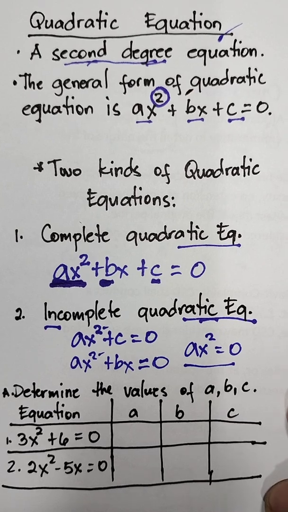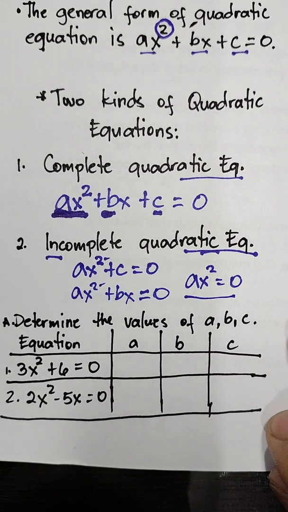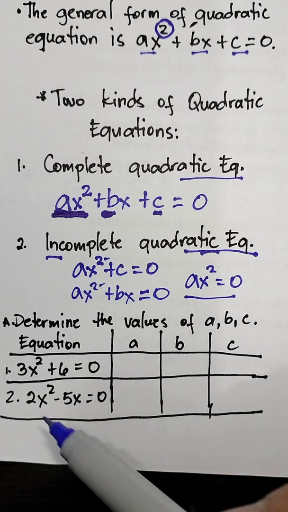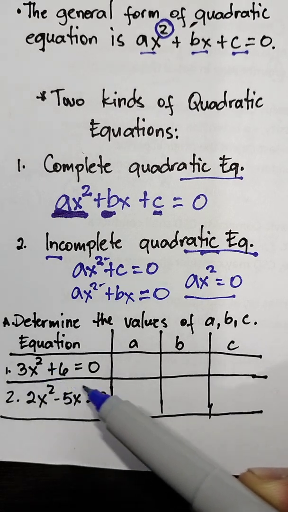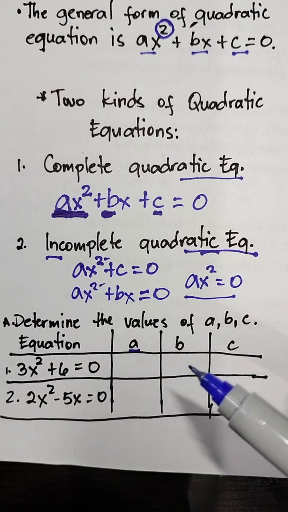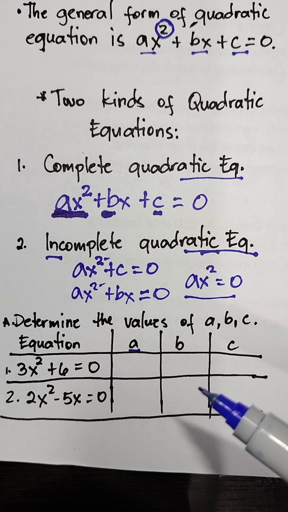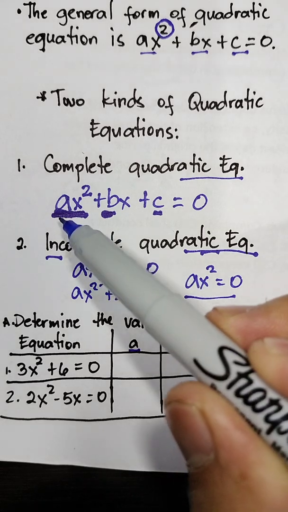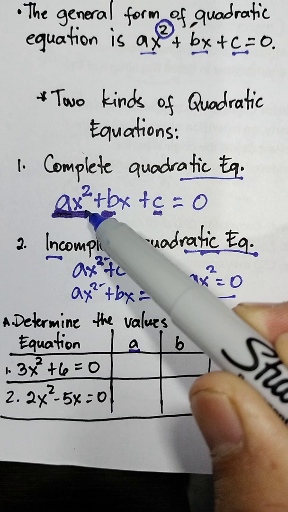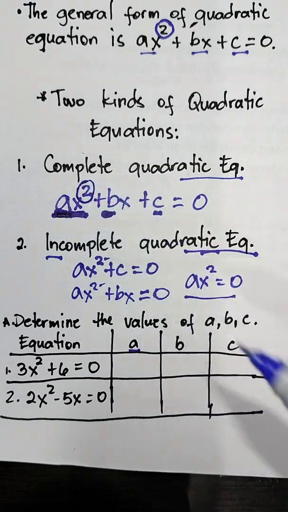Next, we have to determine the values of a, b, and c. In this given example, 3x squared plus 6 equals 0, find the value of a. The a is the quadratic coefficient, the one with the exponent 2.